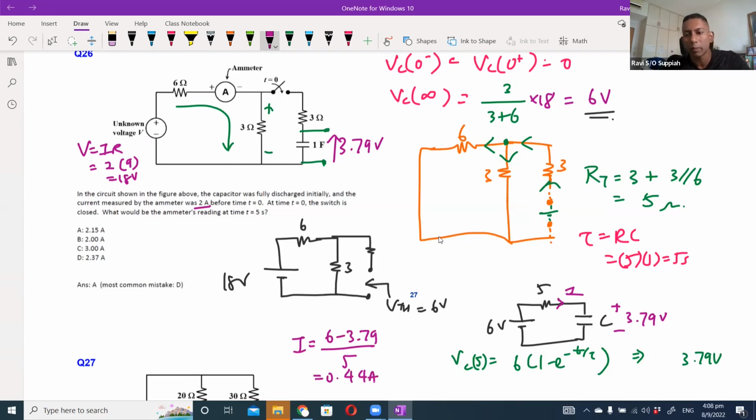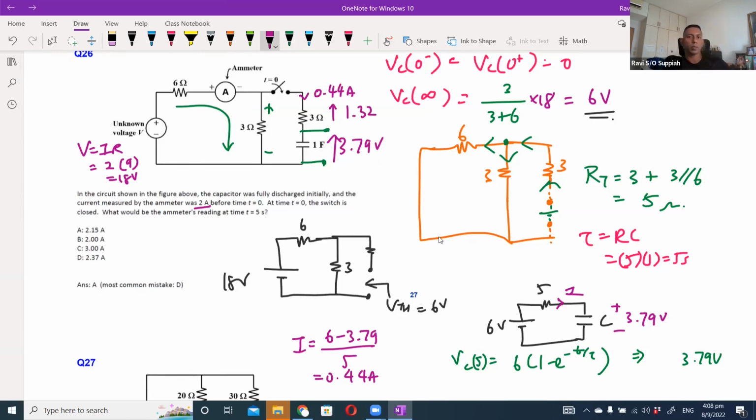So this 0.44 ampere is which current? It is the current that is flowing through the capacitor. That means this current is the same current flowing through this 3 ohm resistor here. So with that I can use Ohm's law. I times R, I will get this voltage drop as 1.32 volts.